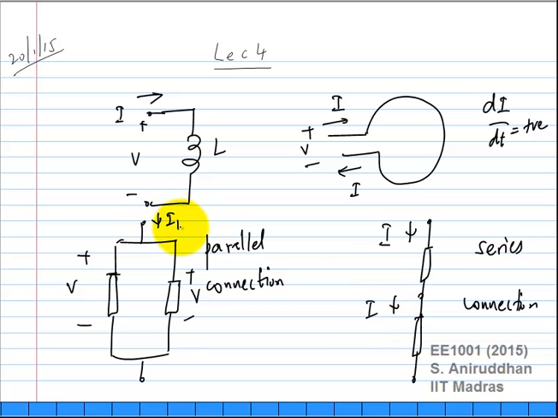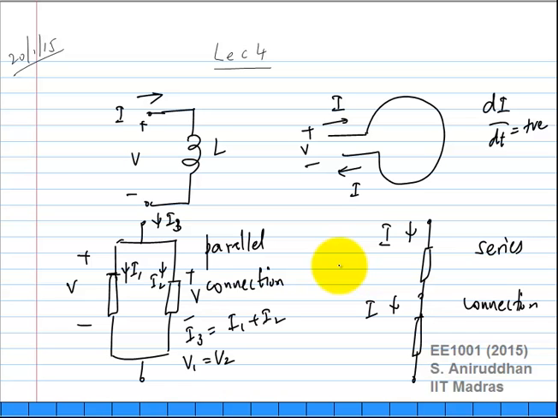If you have a current I1 entering this, maybe I'll call this I3 here. I have I1, I2. You also know that V1 equals V2. You also know that I3 equals I1 plus I2.